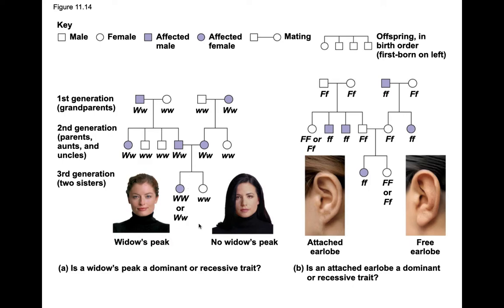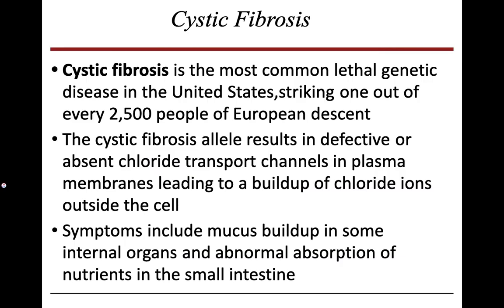There's no skipped generation. Here, an individual gets an attached earlobe, little f, despite having two parents that don't have attached earlobes. And this is a good indication that it's a recessive trait because the two parents must be carriers if they don't express the trait.